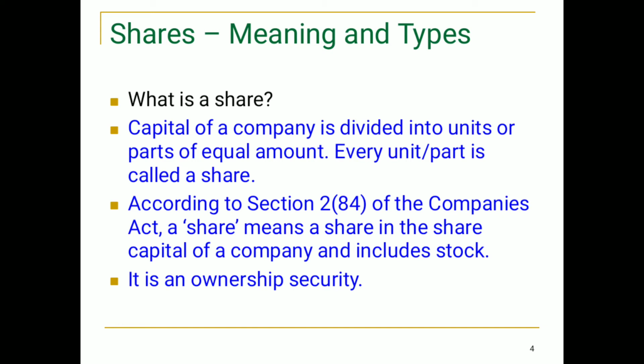And recently the government has incorporated the New Companies Act, which is 2013. So you know very well what a company is, and you also know the word capital. Capital is an investment.